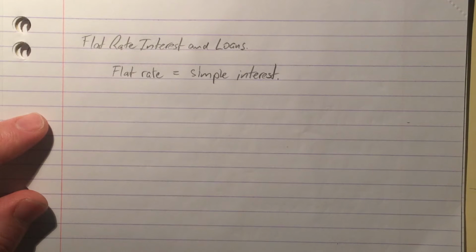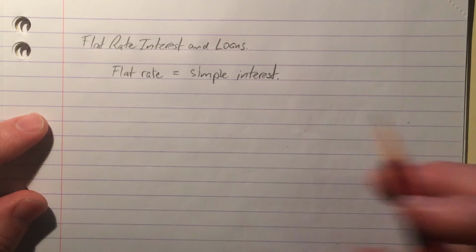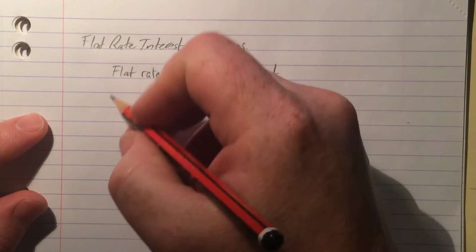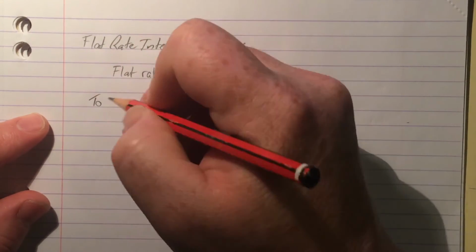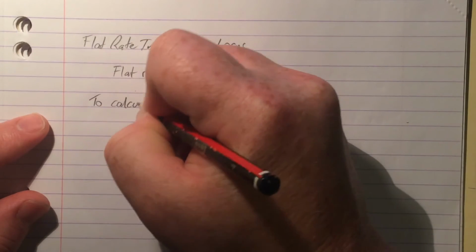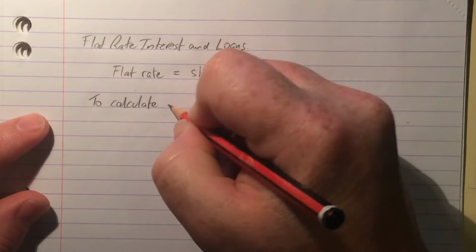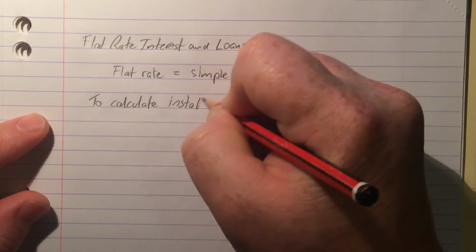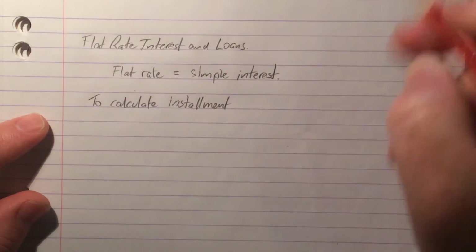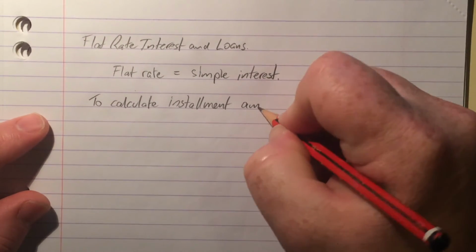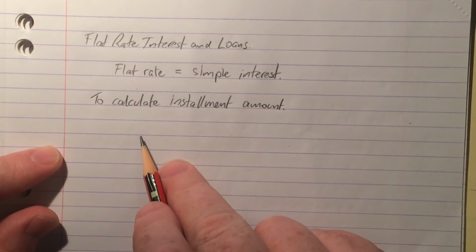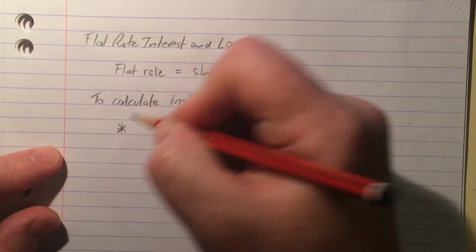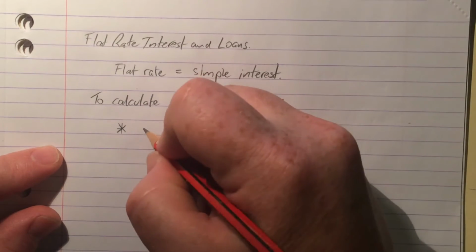So to do that, we need to find two key pieces of information. To find out the installment amount, we need to know what's the total amount to be repaid.